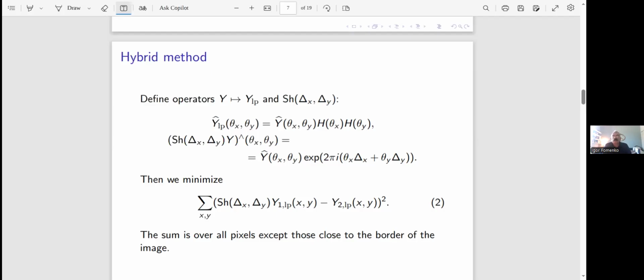It should be the norm of a complex vector. The difference is a complex vector, and we're minimizing it. It's a simultaneous optimization of the phase, and it should work.